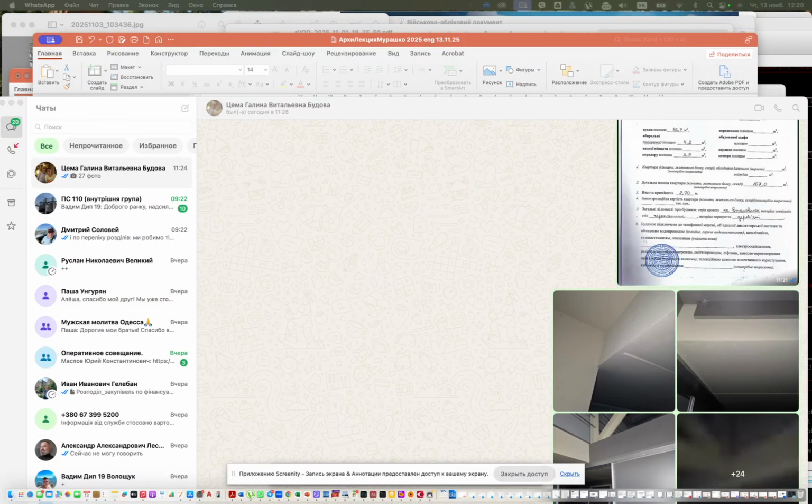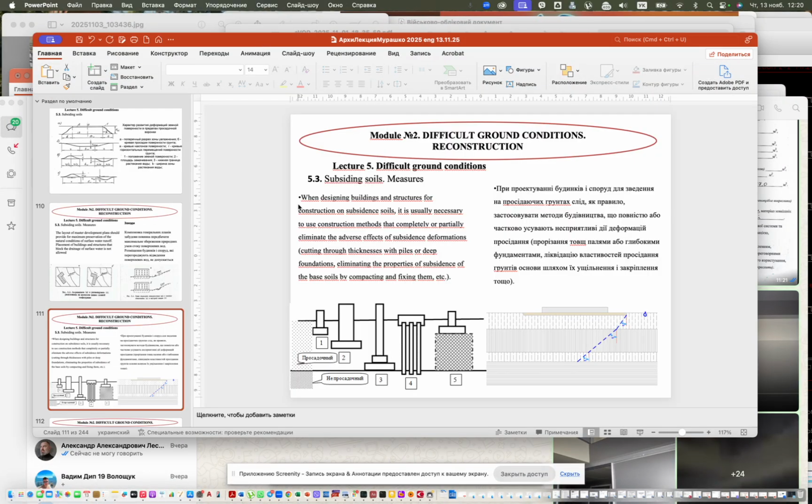So it will be the guarantee that we will protect my construction site from the underground waters from leakages in the pipes.